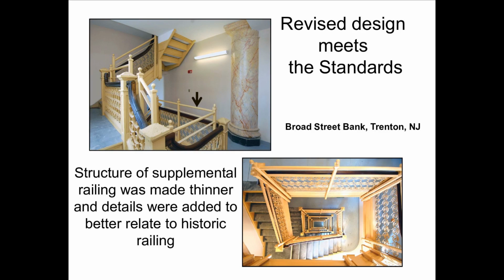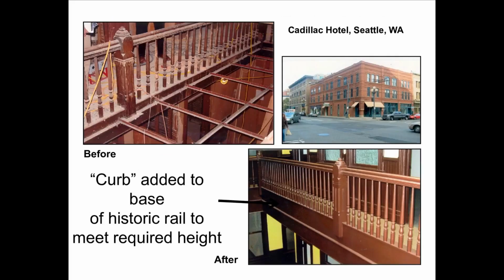The structure of the supplemental railing was made thinner and the details were added to better relate to the historic railing. In some cases, a curb can be added to the base of a historic rail to meet the height required.